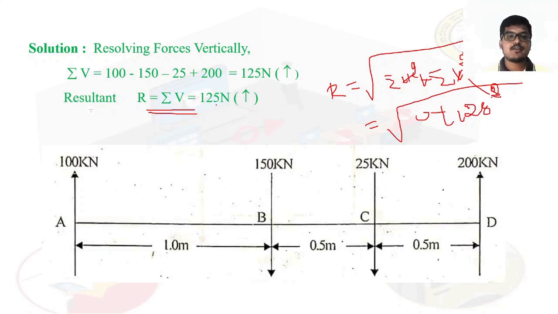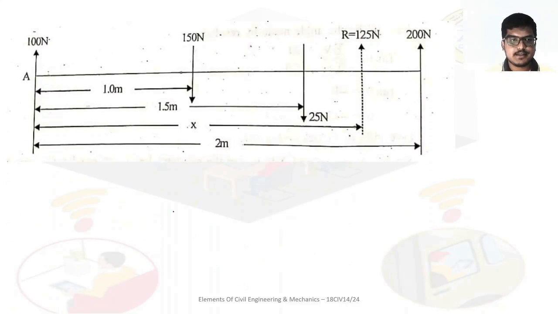Now we have to find where we should place the R value. We will consider R here and take a distance of x from point A. So A is here and we place R here, R equal to 125 Newton.